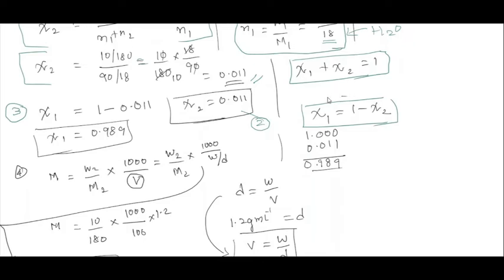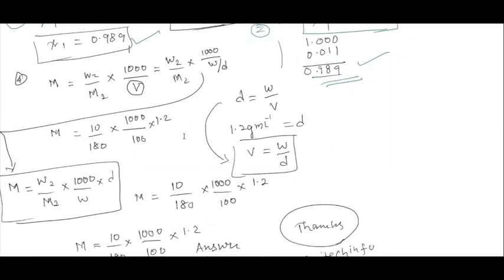Put 1.000 minus 0.011. So 9 balance 9, 8 and 9. Recheck: 10, 1, 9. So 989. So the chi1 is 0.989. This is the mole fraction of the solvent portion. So this is the next set of answers. So chi2 is 0.011.